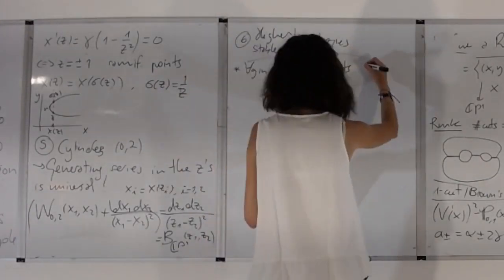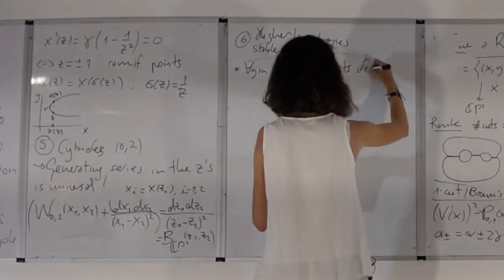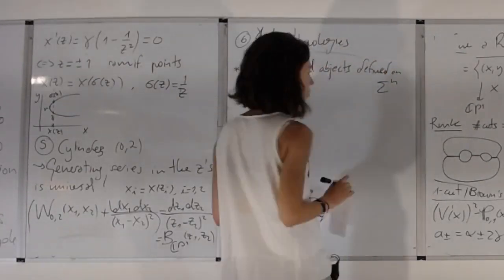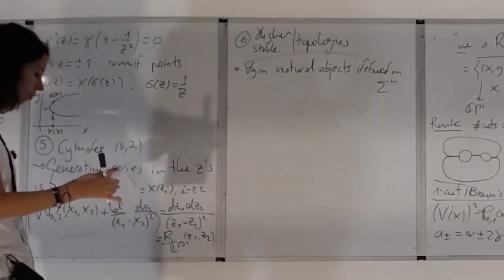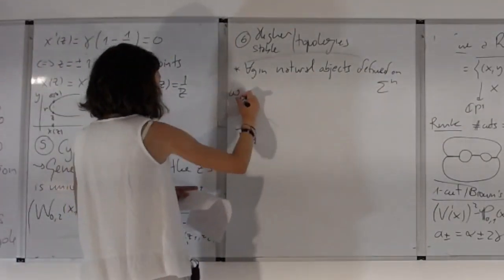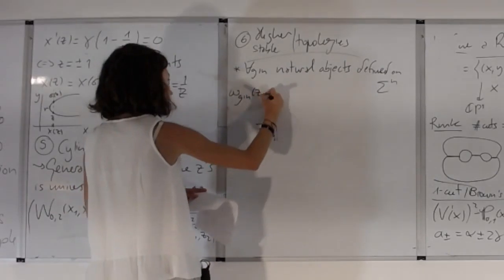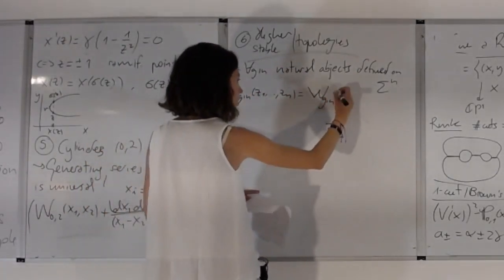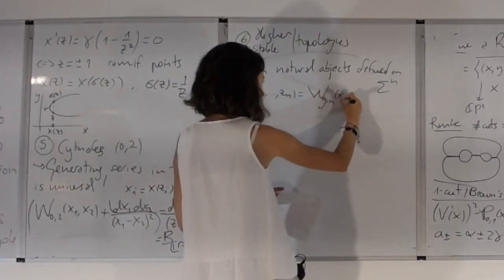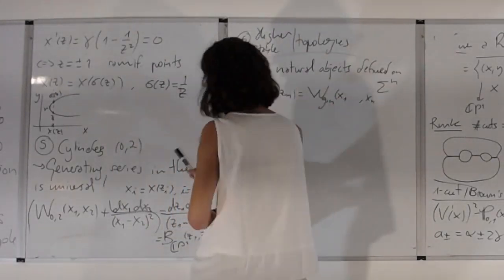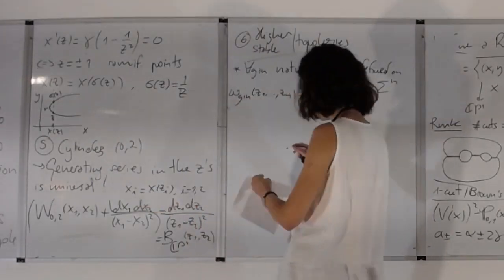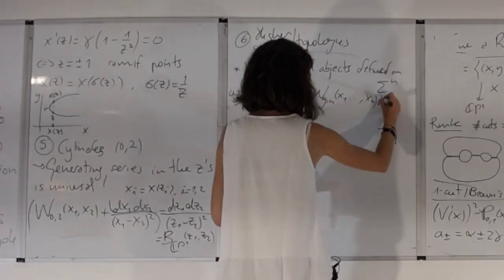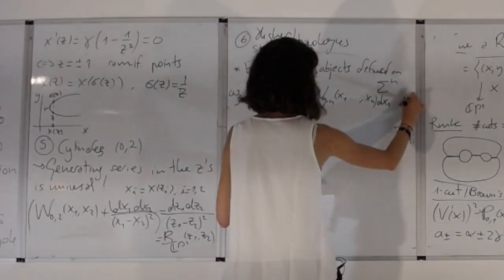So for any g, n, the natural objects are defined on sigma, so on the cover, and they are what we call the omega g, n's, and they are equal to W g, n of x1, ..., xn. Again, I'm using that the xi is x of zi now, because now we know what x is. So I can do this, multiplied by dx1, ..., dxn.